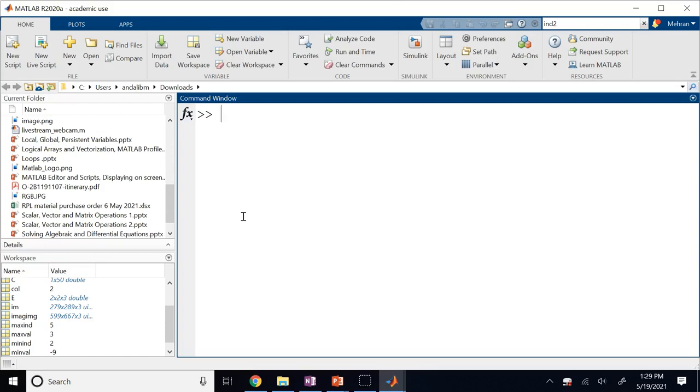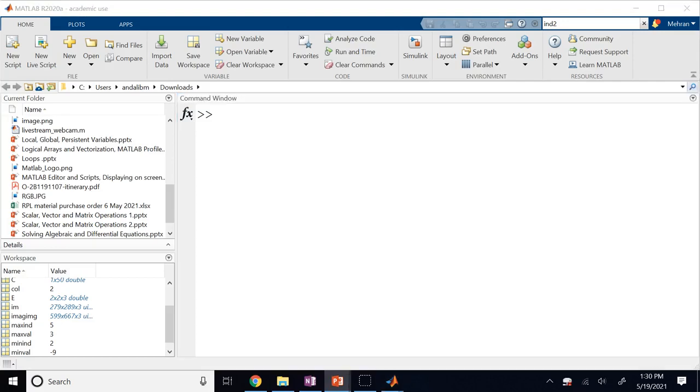We'll get to it later. That's using what we call cell arrays. Using cells, you can store heterogeneous data. Not only different dimensions, but different types of data can all be stored under one single variable name, and that is using cell arrays. We are going to get to that, okay?